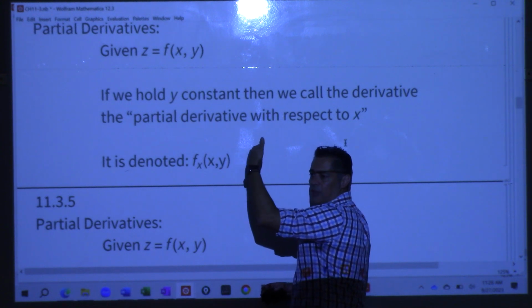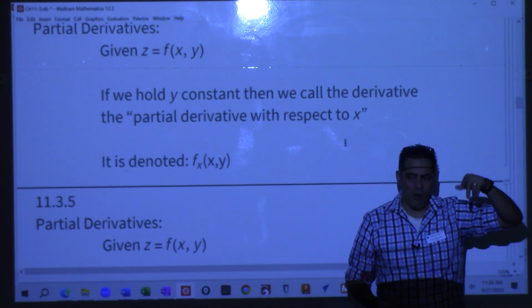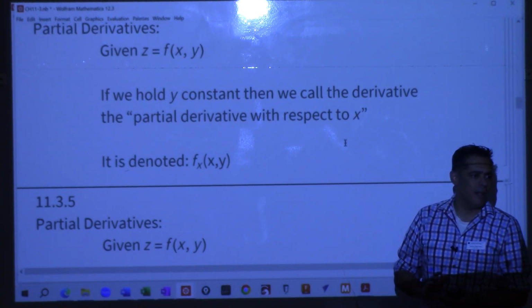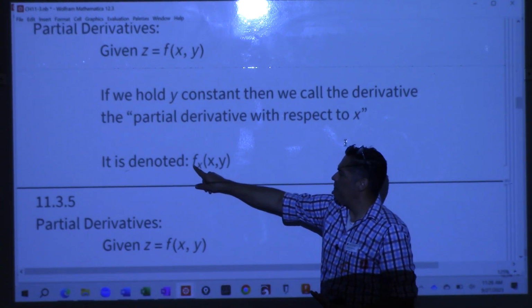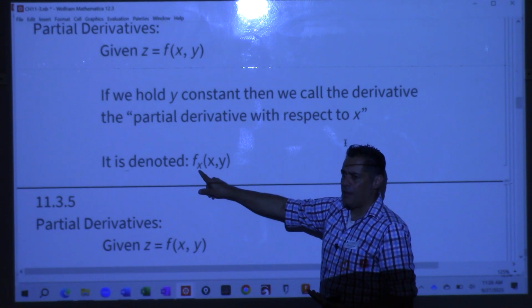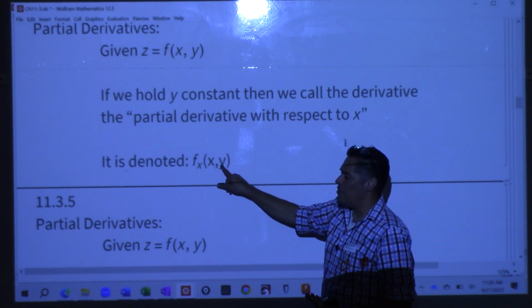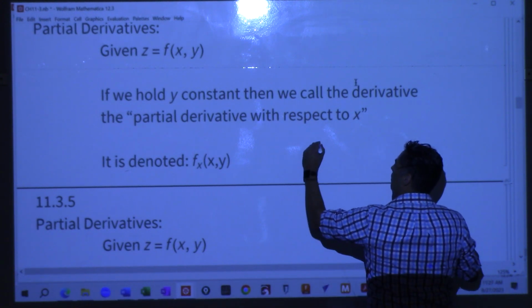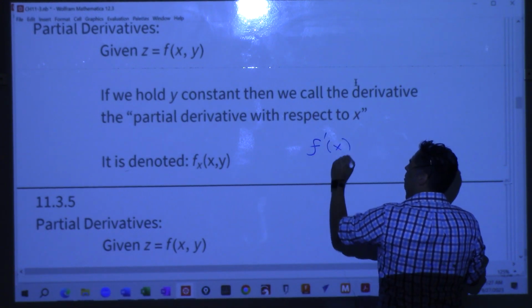No more primes, okay? You know how we used the prime mark in Cal 1, just a prime for the derivative? We're not going to use the prime mark anymore. We're going to write f subscripted with an x, and then (x, y). It's kind of like the notation we had in Cal 1, where we all knew it meant the derivative.